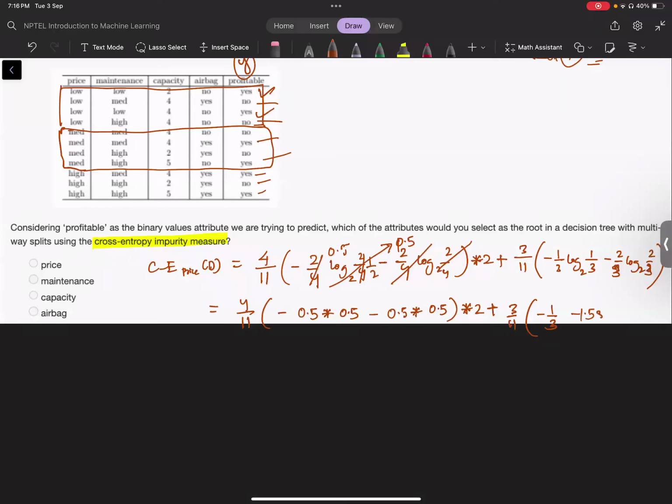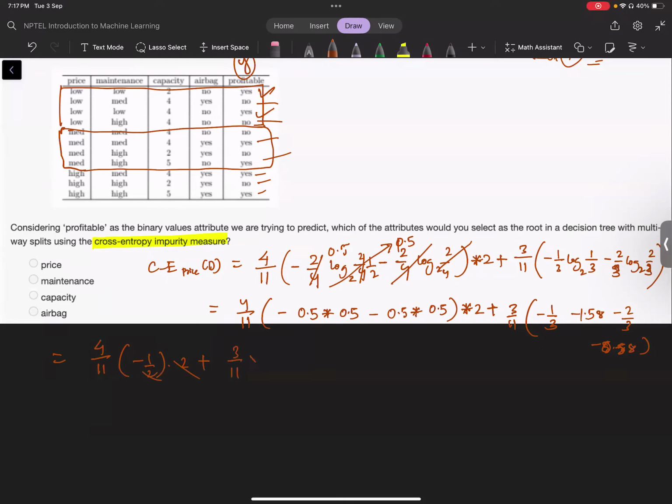Then minus 2 by 3 log 2 by 3 is minus 0.58. So it will be 4 by 11 times minus 1 by 4 minus 1 by 4, and if you add this, it totals minus 1 by 2, and minus 1 by 2 into 2 cancels.